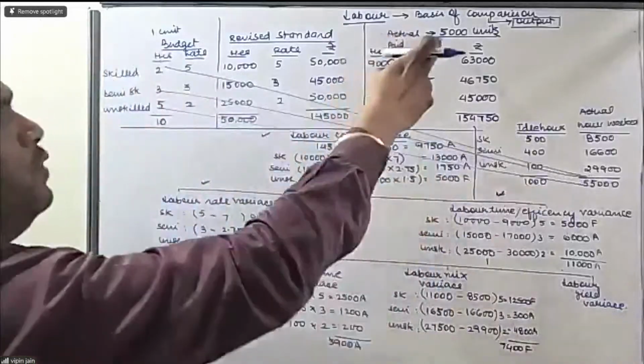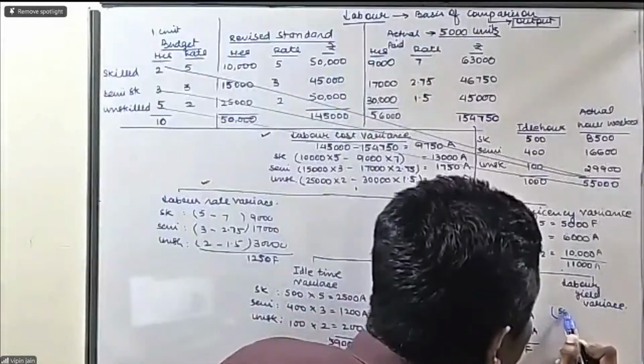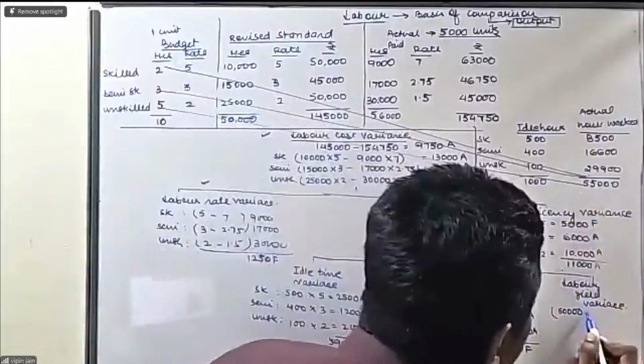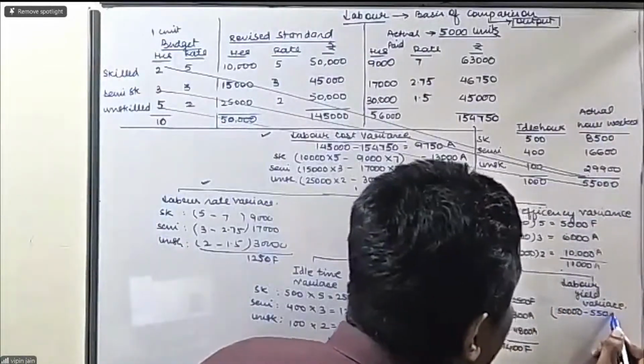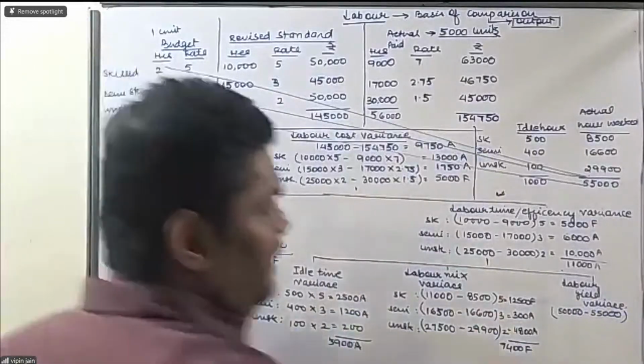Again, the work was supposed to be that these 5,000 units should be manufactured in 50,000 hours. But we actually took how many hours? 55,000 hours. 1,000 due to idle time we have already considered separately.